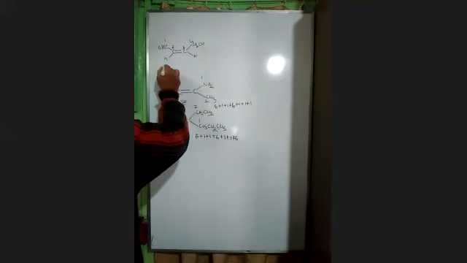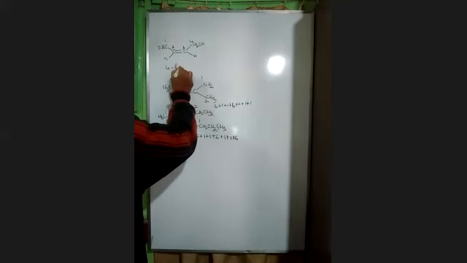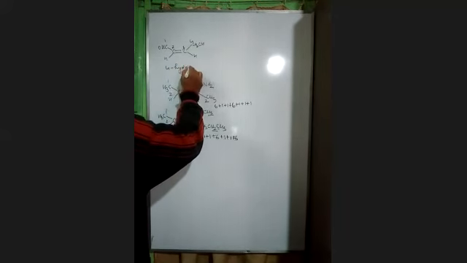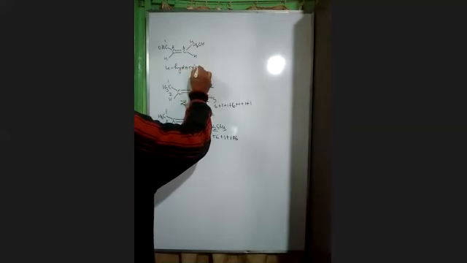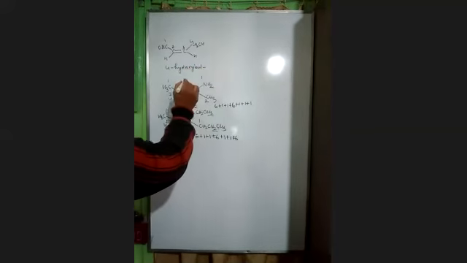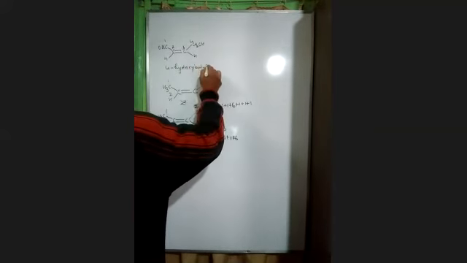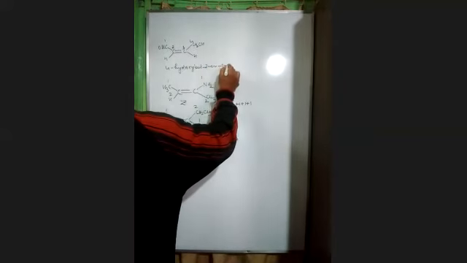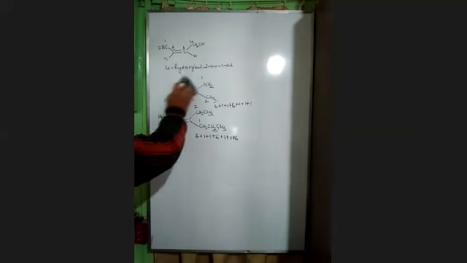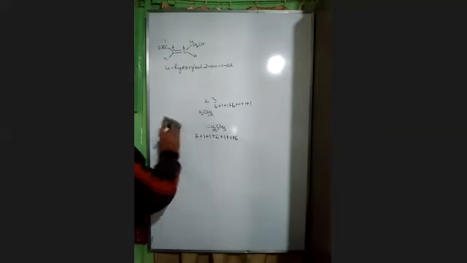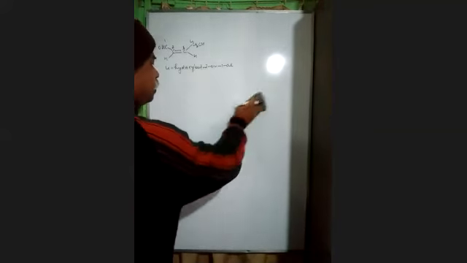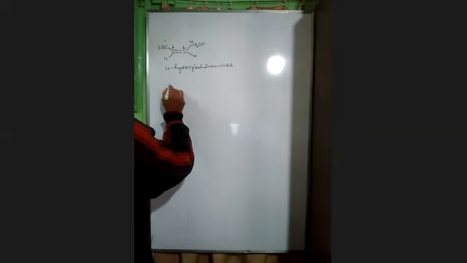The name of this one is 4-hydroxy but-2-en-1-al. Now the double bond is there, so I have to find its geometry. So what should I do? I'll write its structure. So what is this? This is the aldehyde group. So it is this.